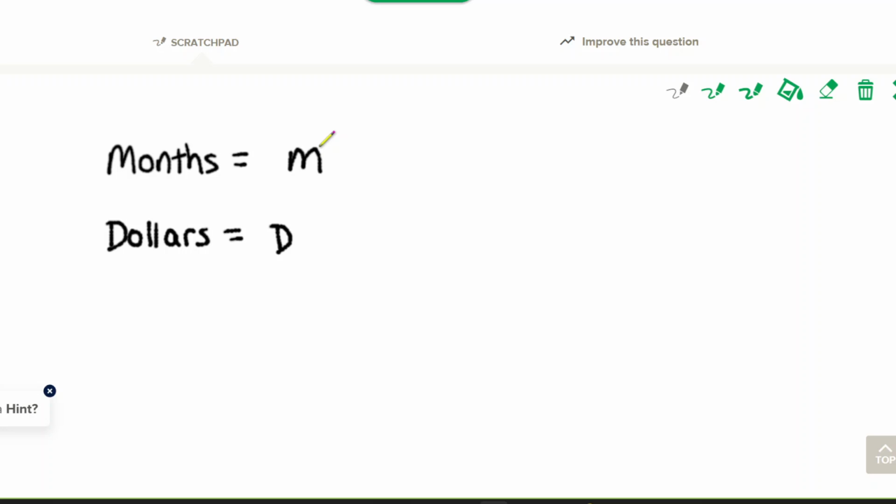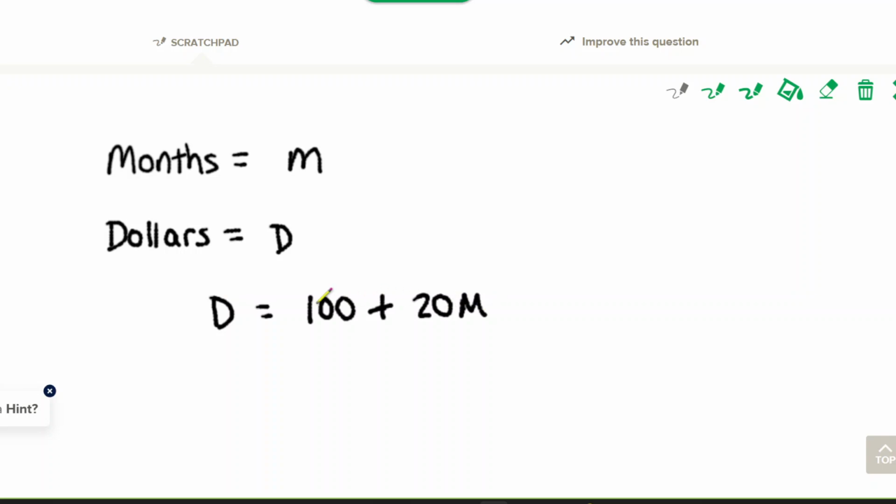Now, the amount of dollars in the bank account starts off with 100. And then we're adding to that. So I have 100 plus, I have $100, and then we're adding to that $20 per month. So it'll be $20 times the number of months. I hope that makes sense. It's $20 a month times the number of months that will be the amount of dollars being added to the 100.